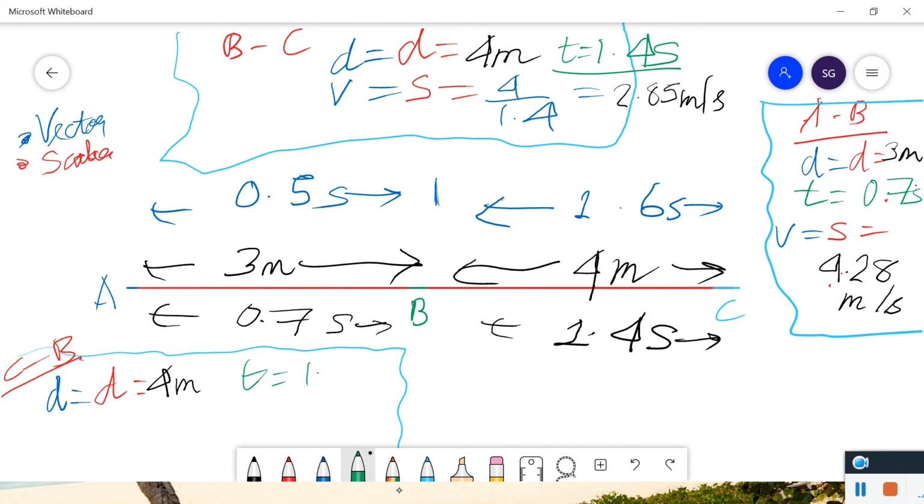Time is equal to 1.6 seconds. So velocity is equal to speed is equal to how much? 4 upon 1.6, which comes out to be 2.5 meter per second.